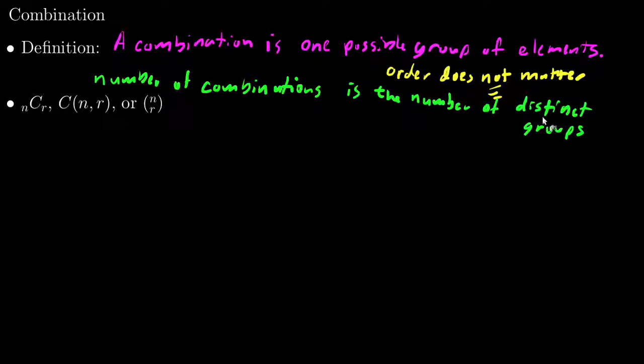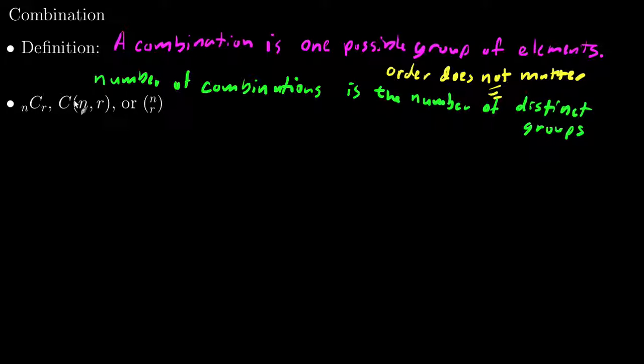Now, this does not mean that if I have 10 people, how many combinations of 2 can I get? That doesn't mean 5, because I could split 10 into 2 5 times. It's a very different question. So let's look and see how the formula works, make sure we have this straight.